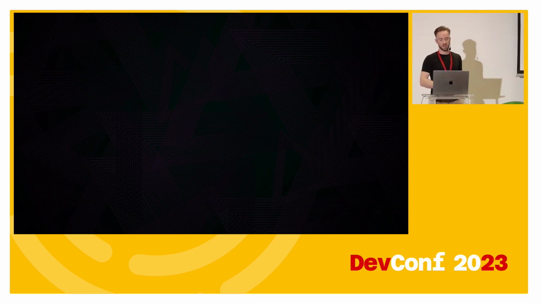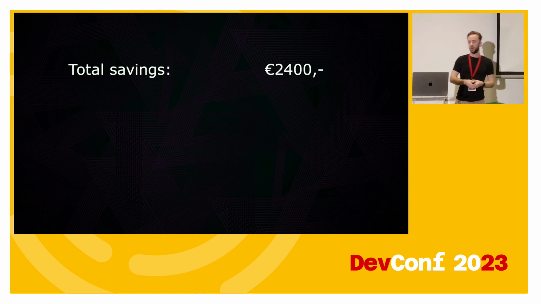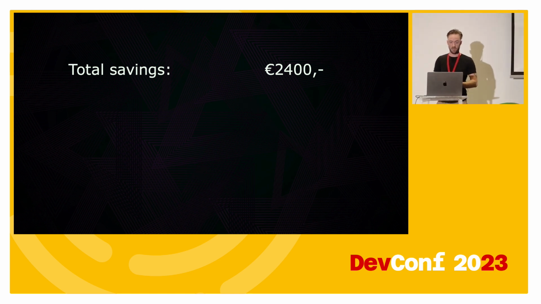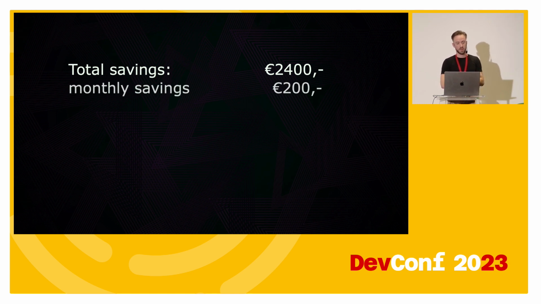Now let's say this trip costs a lot of money, so you've got to save up. In 1 year, 12 months, I can save, hypothetically, a total amount of 2,400 euros in this case. I'm from the Netherlands. So I can save 2,400 euros a year, so that means 200 euros a month.